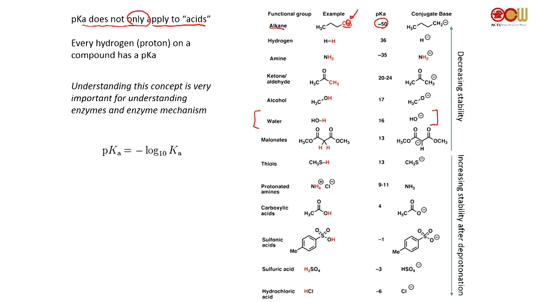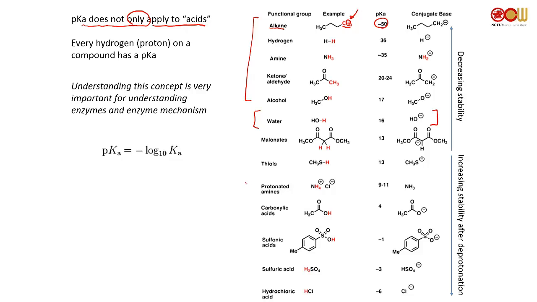Essentially that's not going to happen. In biochemistry, at least in open aqueous conditions, you do not readily take away protons from alkanes. You don't do that. So basically, these guys you don't really see that much. They will not lose their protons readily, because they're very stable.